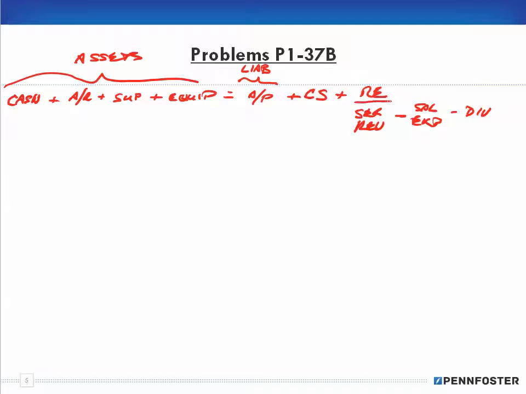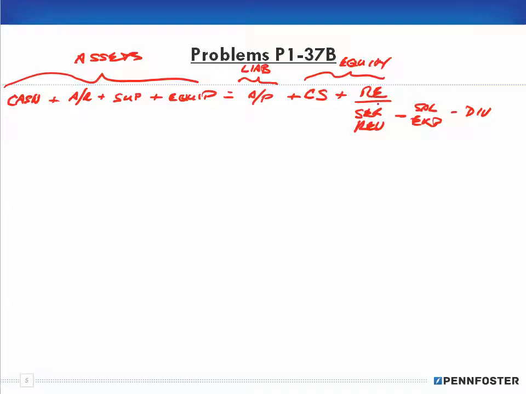Okay, so for retained earnings, as you recall from the other videos, I don't like this thought process. This is equity, because the accounting equation is on the balance sheet, but the expanded accounting equation, the revenues and expenses and dividends, have to deal with the income statement, and you close out those accounts to your retained earnings account.